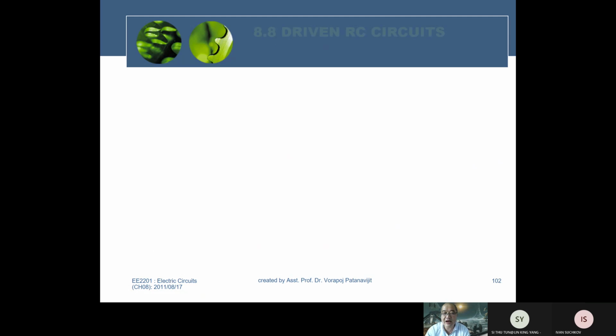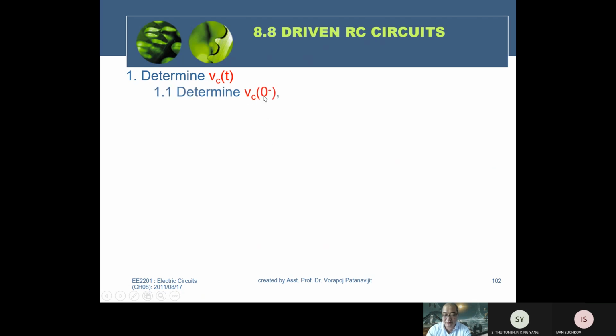For the driven RC circuit, we will use the same technique as the previous one I gave you. You must determine VC, the capacitor voltage, first. The capacitor voltage determination is separated into 4 steps.